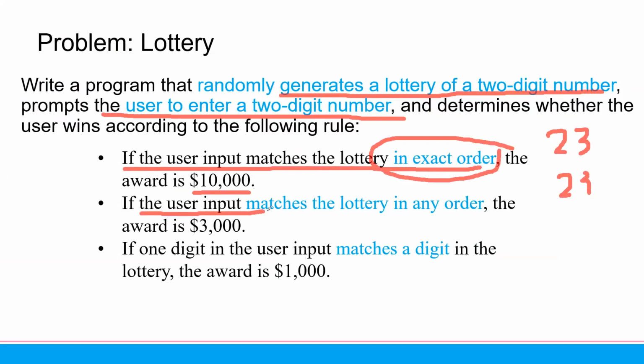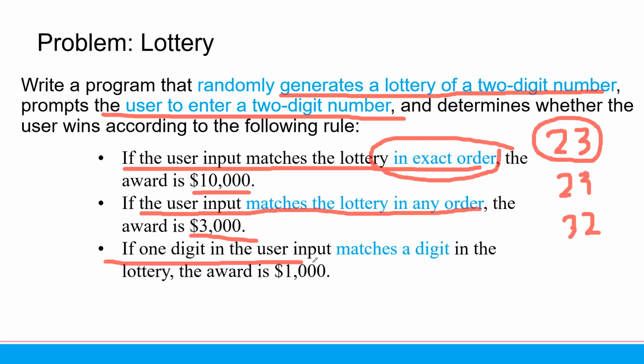If the user input matches the lottery in any order, so for example, because we have the number 23, it can be 32, then we will get 3,000 US dollars. If one digit in the user input matches a digit in the lottery, then we have 1,000 US dollars.